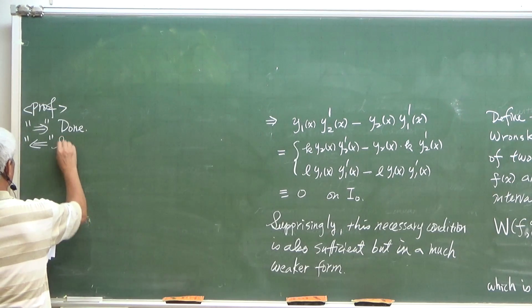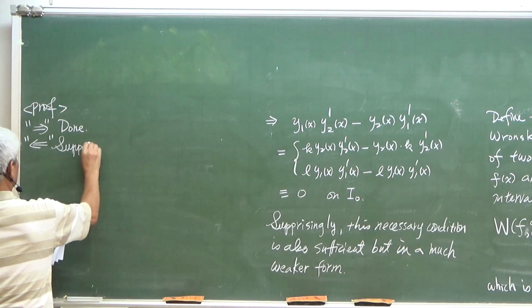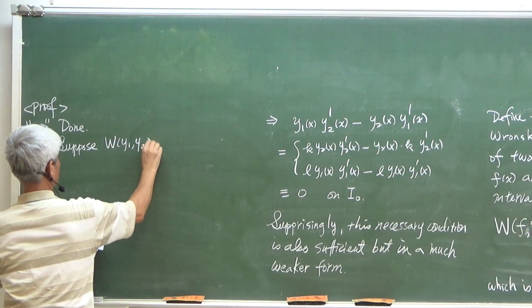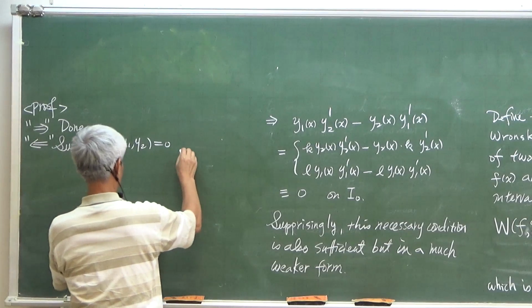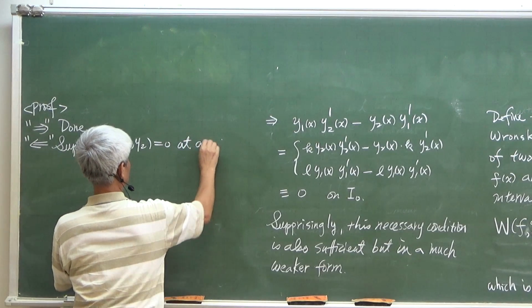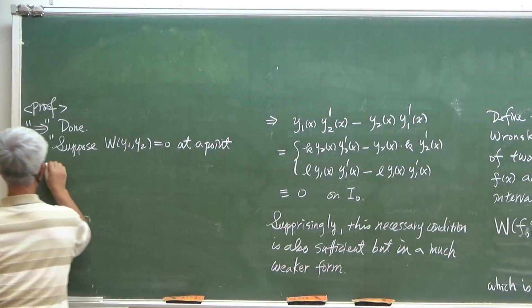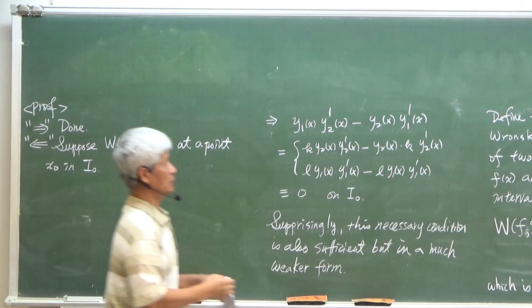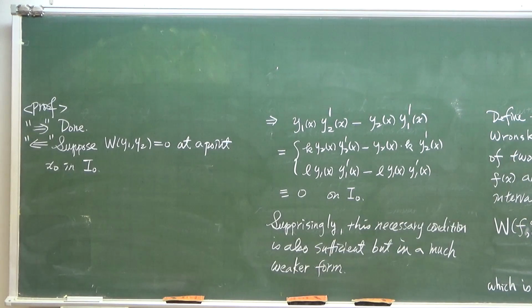Okay, so we suppose that the Wronskian of y1, y2 is 0 at a point x0. Now we suppose that the Wronskian is 0 at some point x0, and we have to prove that y1 and y2 are linearly dependent.